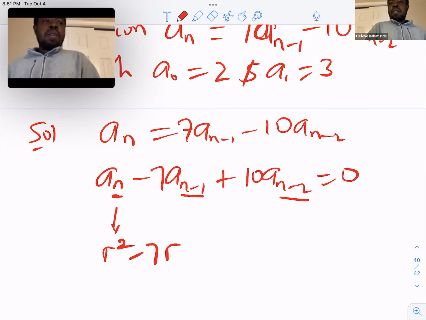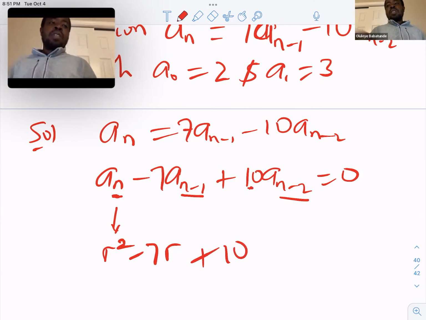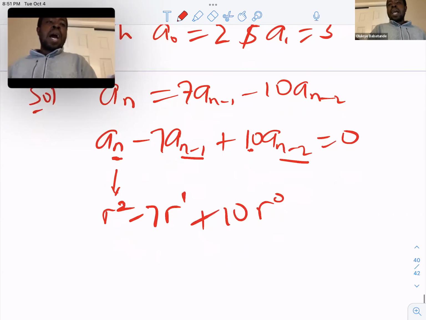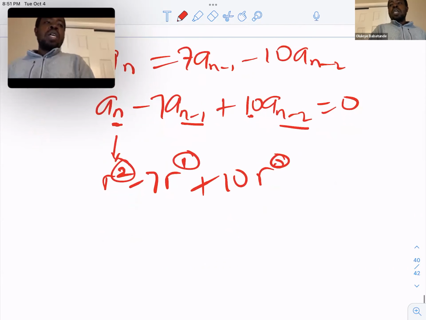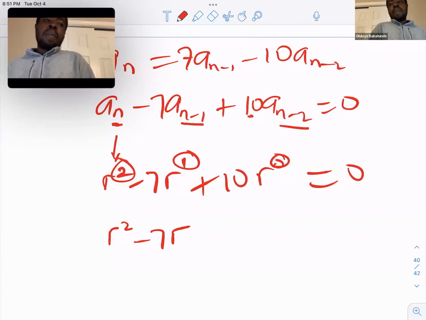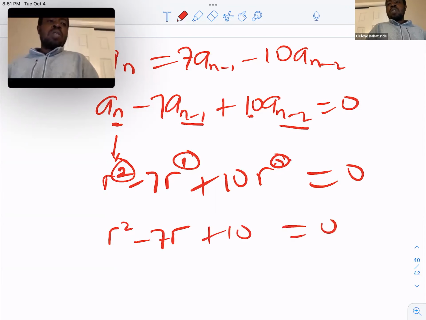So minus 7r plus, there's a 10 here. So 10. You can put 10 raised to power 0 if you like. Notice how the power is decreasing: r squared, r to 1, r to 0, and equals 0. So you can rewrite this as r squared minus 7r plus 10, with r raised to power 0 being 1, equals 0.